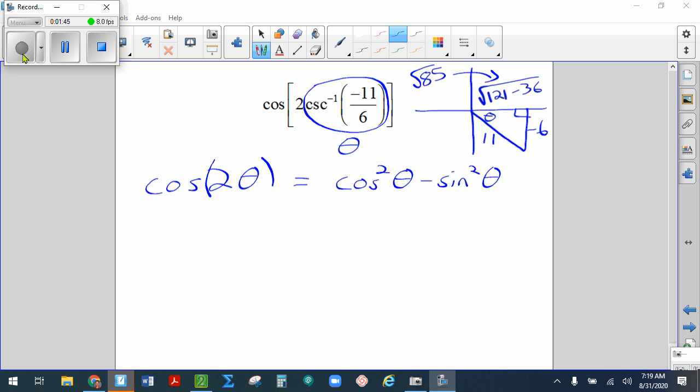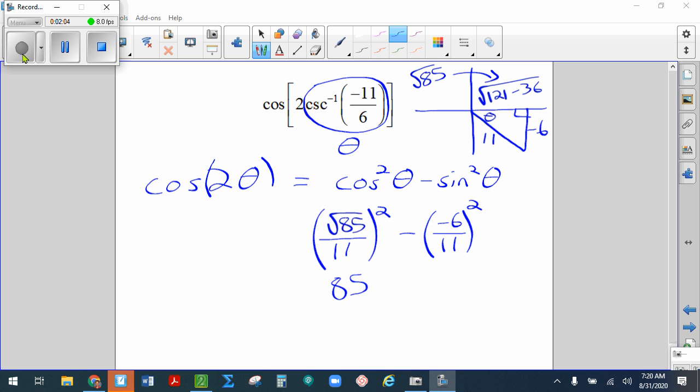So cosine of theta is root 85 over 11, and sine of theta is negative 6/11, all squared. So evaluating that, I get 85 minus 36 over 121, which is 49/121.